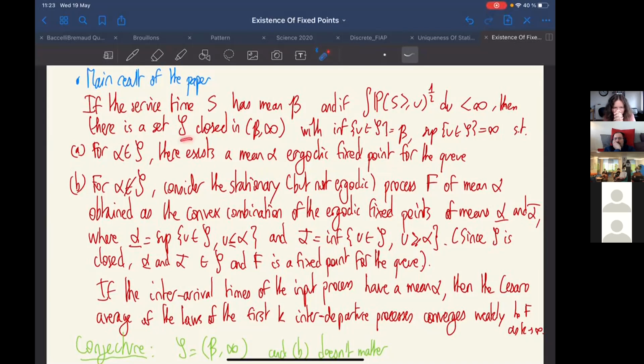So when you're in the set, you show that there is existence of an ergodic fixed point with mean alpha. When you're not in the set, things get a little hairy.